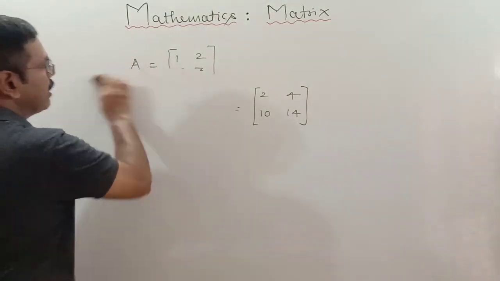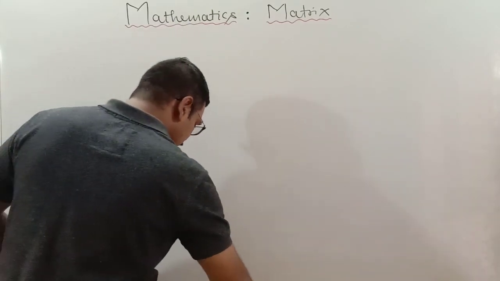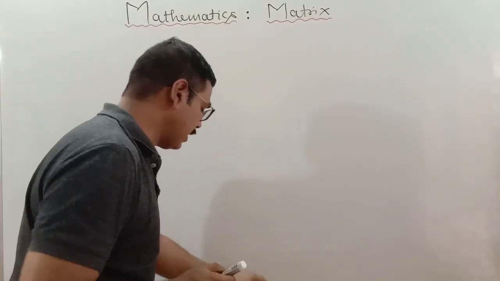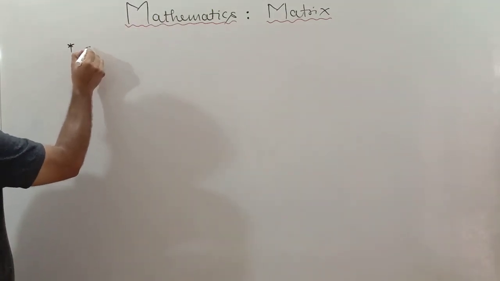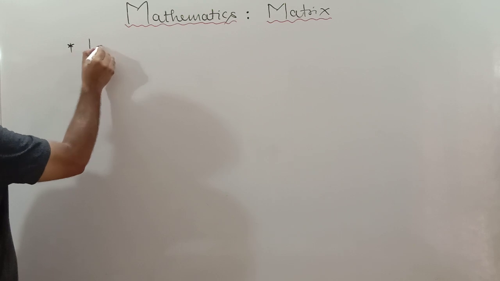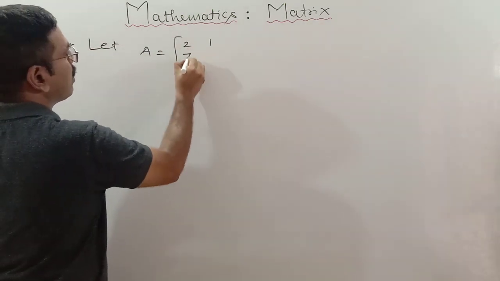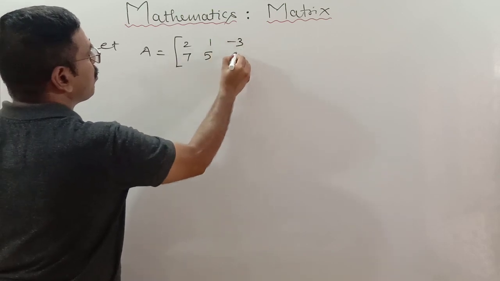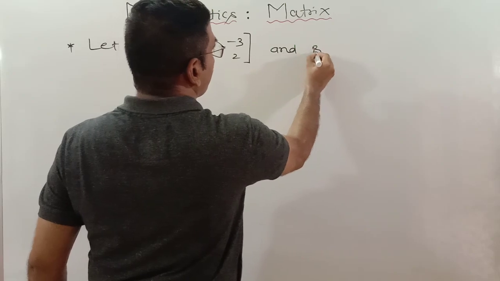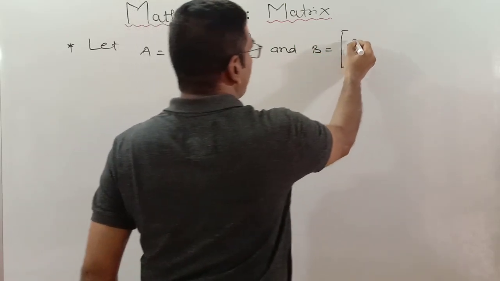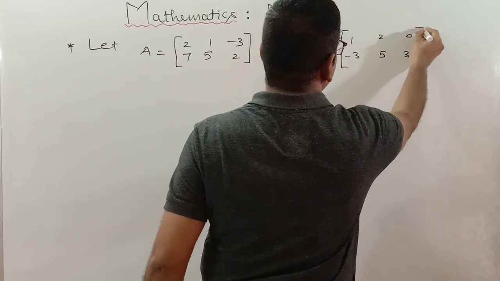See, I am just solving a question that's very simple. Let A is equal to 2 1 7 5 minus 3 2 and B is equal to 1 minus 3 2 5 0 3.